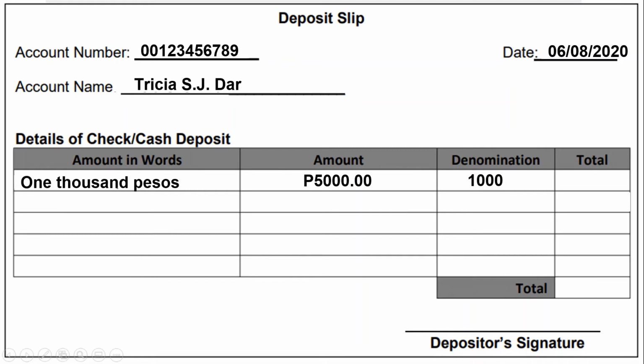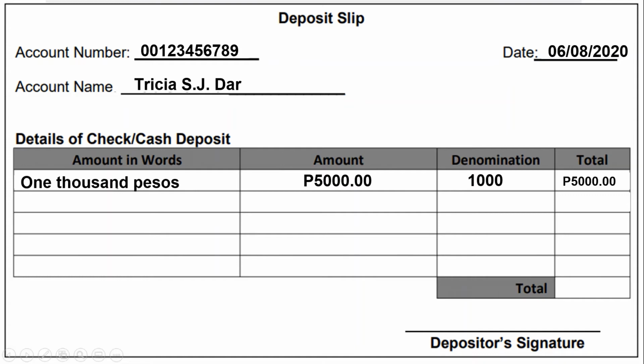Denomination is the face value of your money. For example, 1,000, 500, 200, 100, 50, 20, 10, 5, or 1 peso coin.